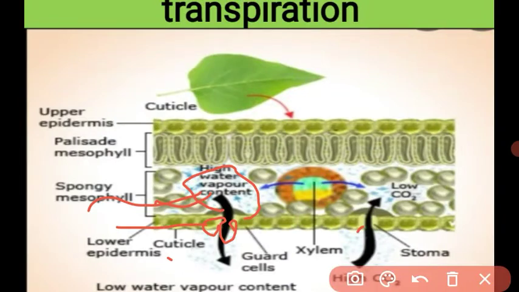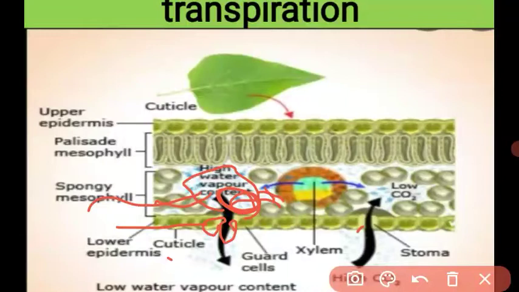By imbibition and osmosis, imbibition meaning water is absorbed by surface tension, finally the water molecule is transferred and reaches the substomatal space.